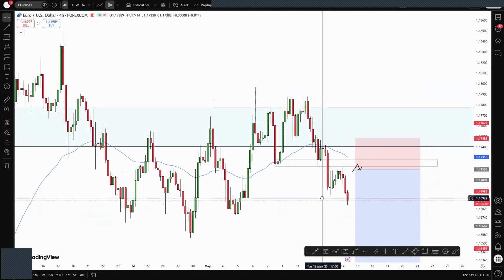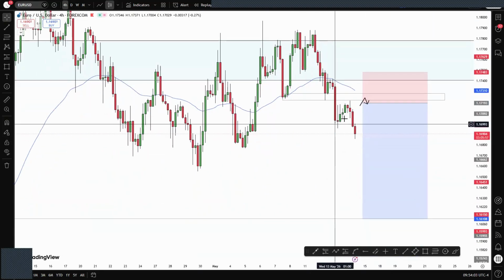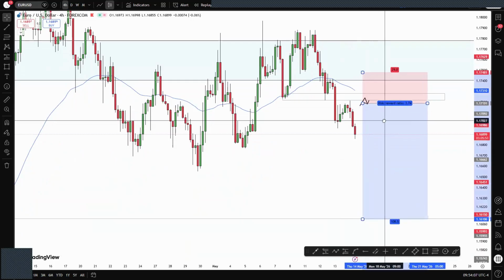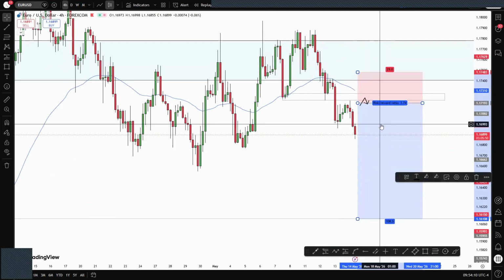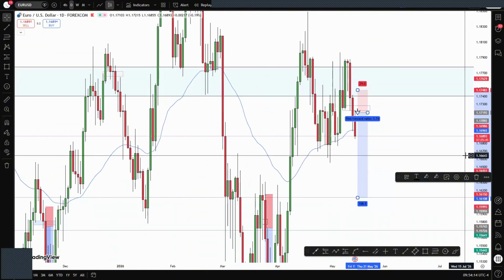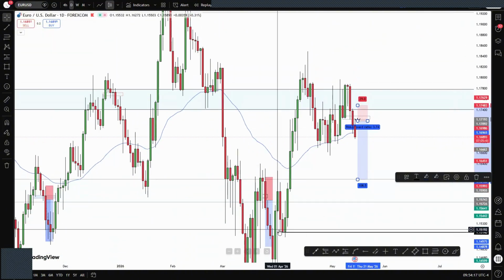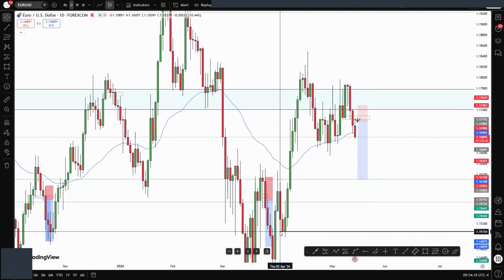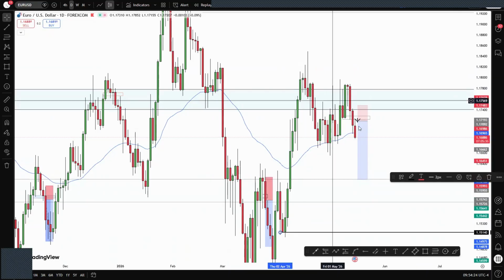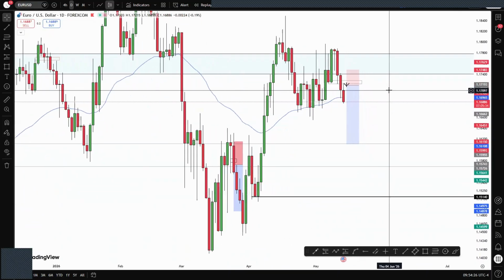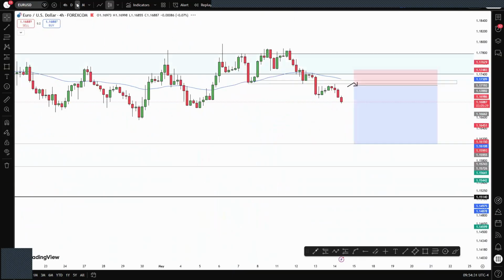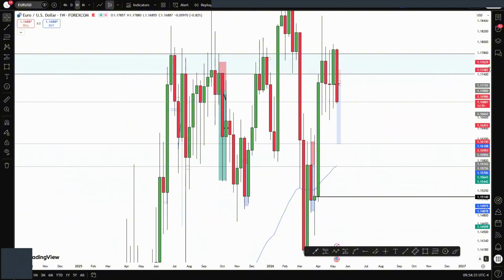Euro USD. This was just for entry practice, but I can't really take any trade now because the daily is still bullish at this zone. This is my higher low. This is my higher high. So I need the daily to go bearish for me to sell, because the weekly is bearish, you can see.